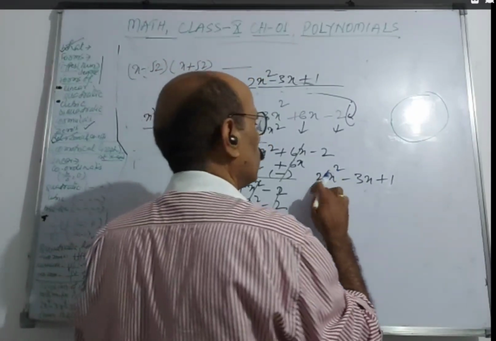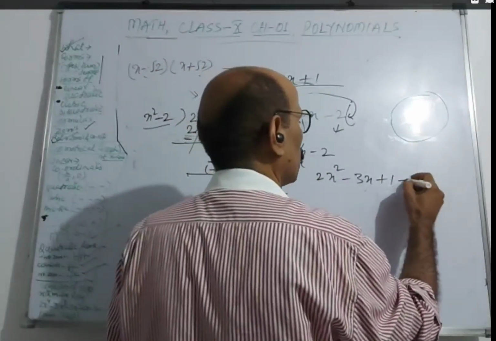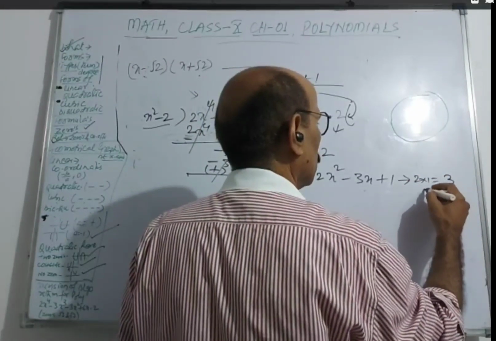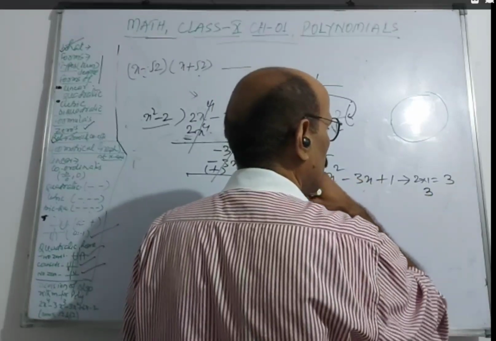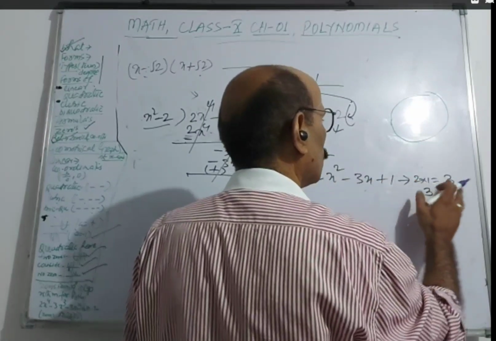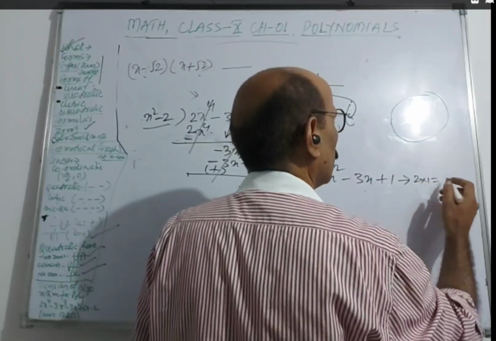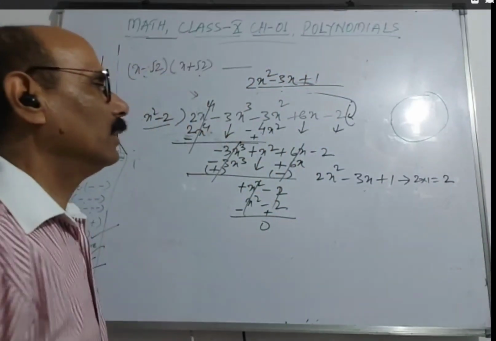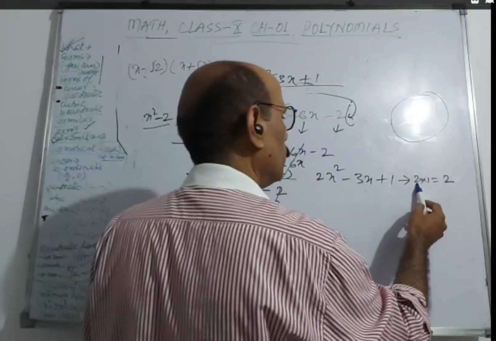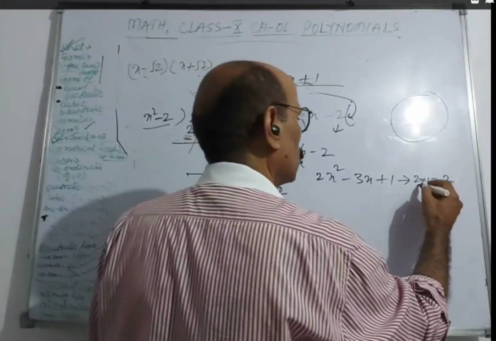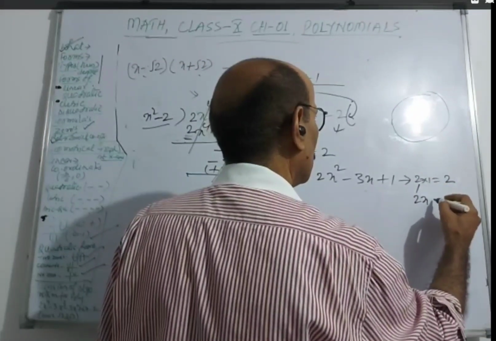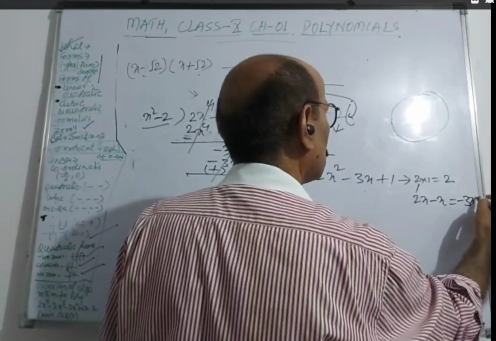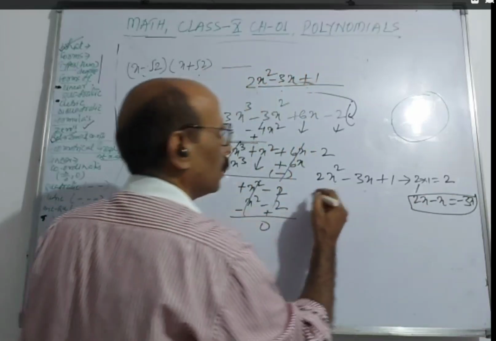Middle term factorize: 2 into 1 is equal to 2, and 2x minus x is equal to minus 3x. We will get it like this.